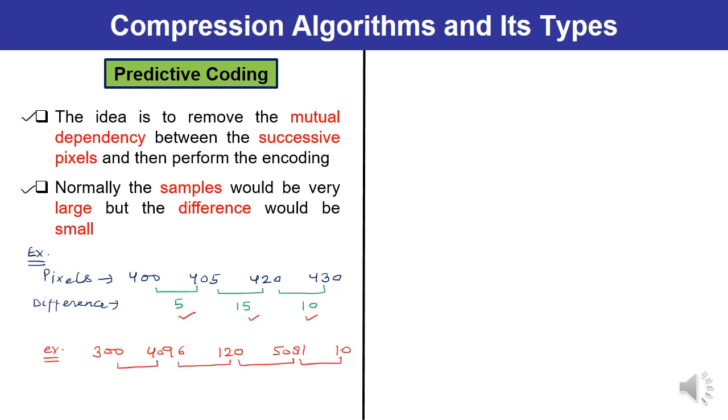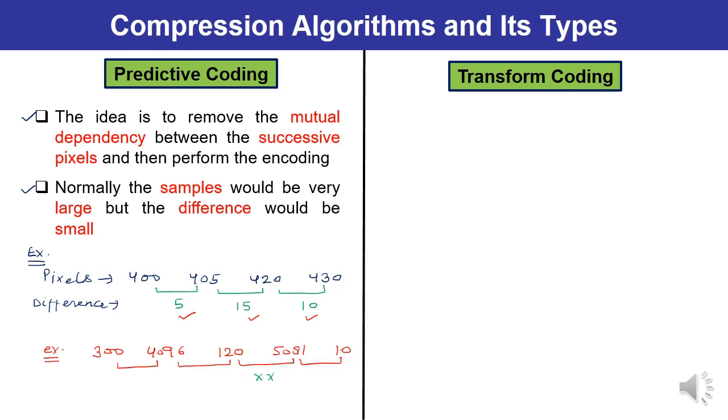So this predictive coding approach doesn't work well for this kind of sample data. Got it? This predictive coding technique can be very effectively applied in differential pulse code modulation and delta modulation techniques. Moving ahead, let us discuss the third type of coding, which is transform coding.